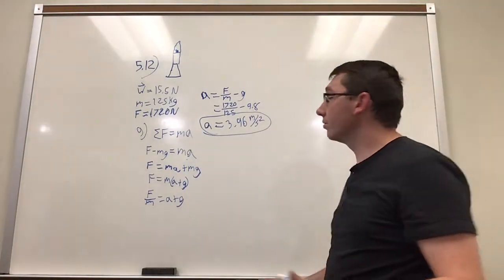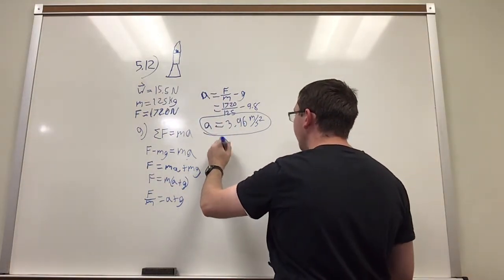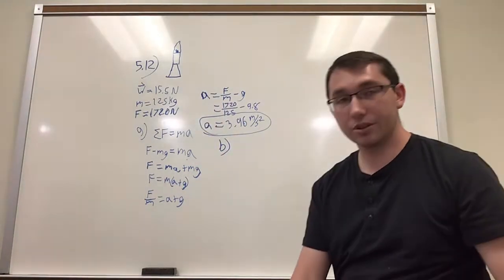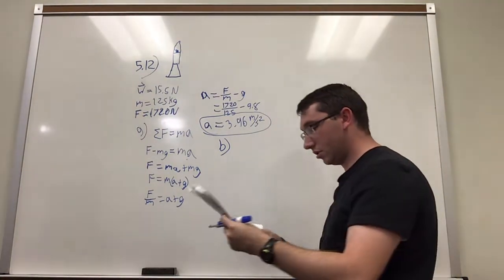Part B wants to know the force on the box. So for part B, we're looking for the normal force. We're looking for the sum of the forces on the box.